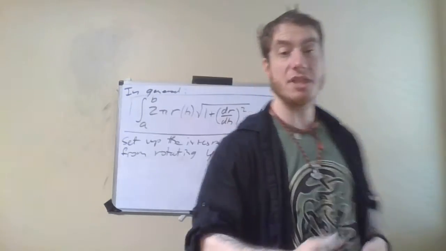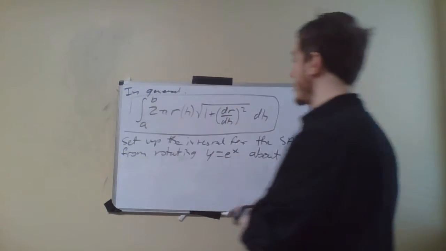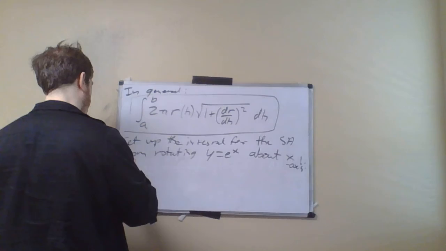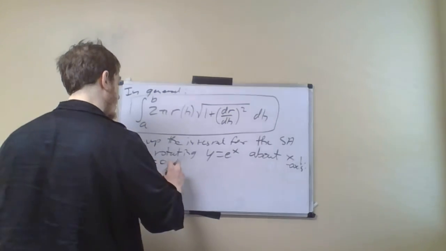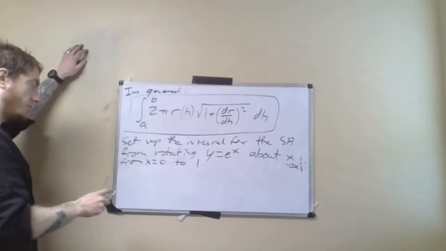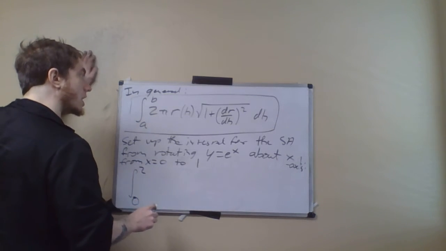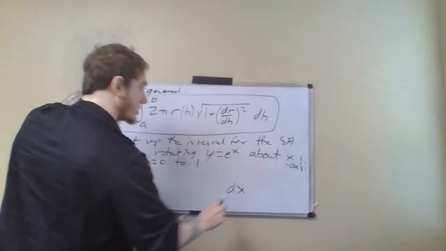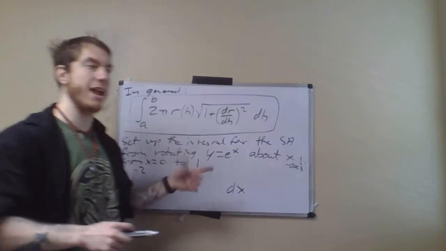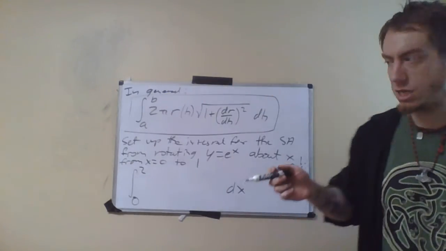So how do we go about doing that? Well, we're just going to use this formula. Oh, and let's say from x equals 0 to x equals 1. To set this up, we're going to do the integral from 0 to 1, and we're going to be integrating this along x, because that's the direction of the axis of rotation.